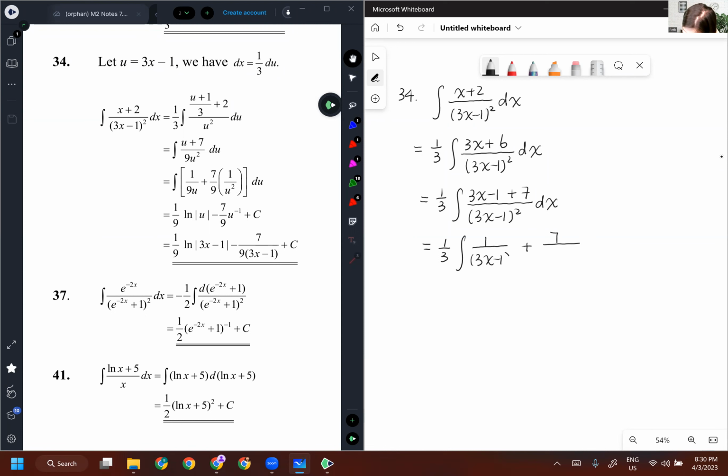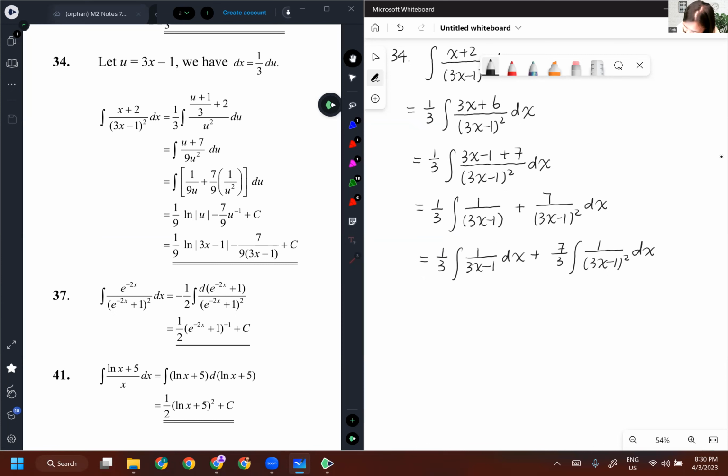Sorry. Correct? And then that is 1 over 3. Seven over 3. Okay. Then the next part is the change of variable.